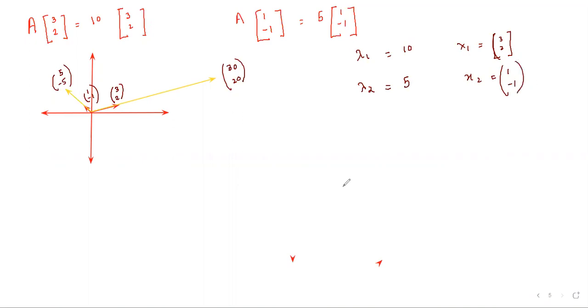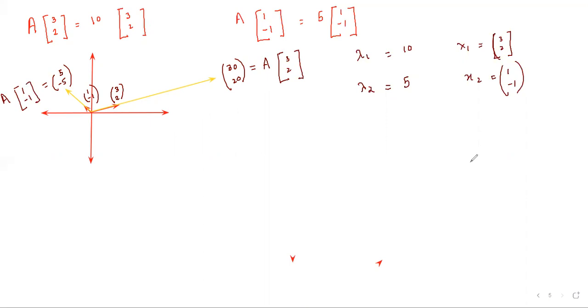So we solved the eigenvalue problem, and we have seen that when we multiply A with this, there is no rotation except that it is stretched. Here it is stretched 5 times, and you could write that it is A times 3, 2, and here A times 1 minus 1. So this is what it does.